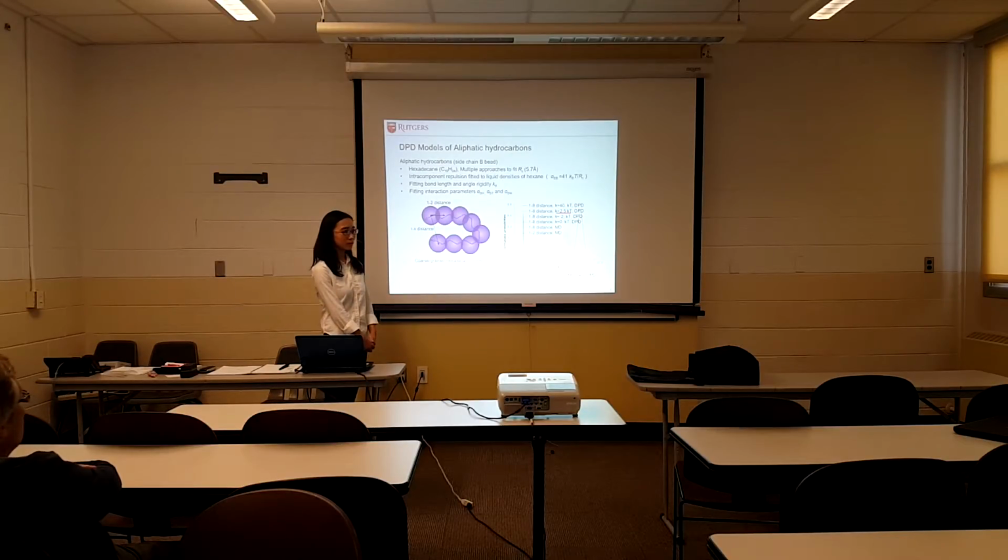So the third DPD model here is aliphatic hydrocarbons. If we recall earlier, we already discussed the DPD model of hexane, but the reason that we cannot use that solvent hexane to describe the side chain is that asphaltene side chains usually contain about 5 to 6 carbons in one side chain.